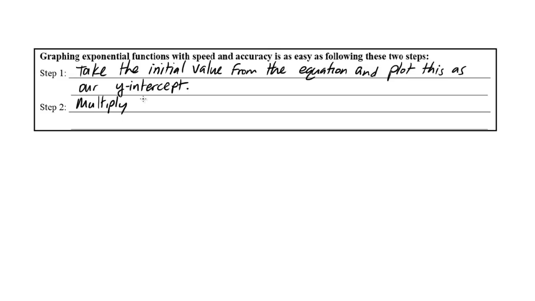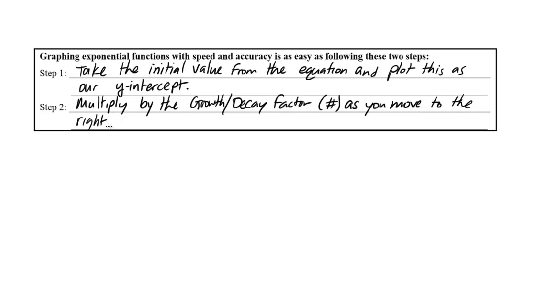Multiply by the growth or decay factor, the number in parentheses, as you move to the right. Now, if we needed to go to the left, going the opposite way, you would do the opposite pattern.